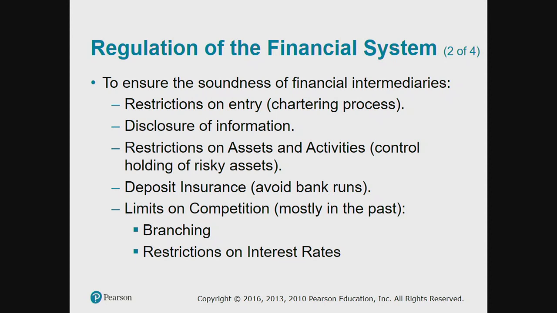And finally, there were limits on competition. Most of these they've gotten rid of, but there was a prohibition on branching for banks, so they couldn't open up a second branch. So there used to be a bank in town, S&T, on Main Street. In the past, when there was branching prohibition, they could only have that branch there.